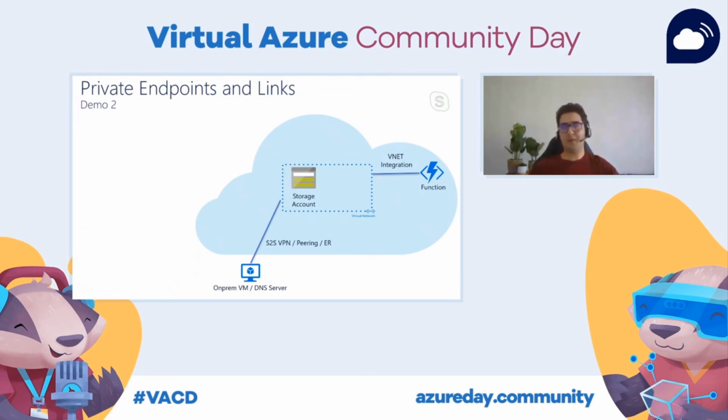So our traffic will be routed via this virtual network. I will create a private endpoint for my storage account. This time I will register the DNS in an on-premises DNS server or an owned DNS server.